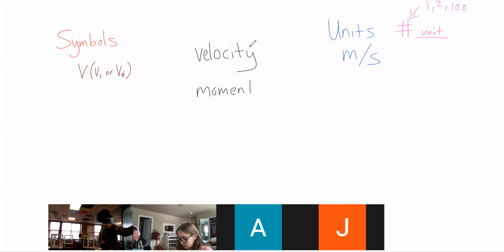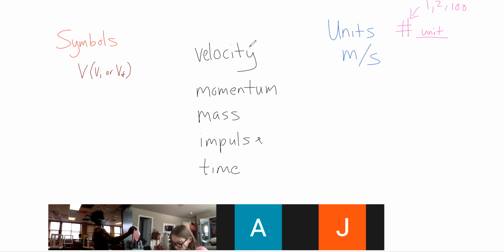Let me write which ones I want to do first. Momentum, mass, impulse. Really all the ones we've got right now. All right, I'm going to call on a couple people, okay?